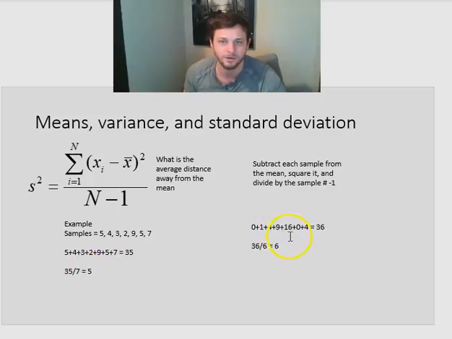Here we have 4, 16. 5 minus 5 again is 0. And then 7 minus 5 is 2, which gives you 4. That gives you this total number up here. That sum is going to be 36. Then you go ahead and divide that by your n minus 1, which is 6, to give you a total of 6.